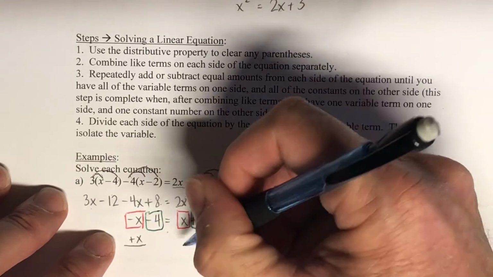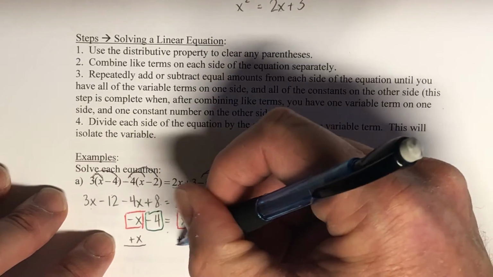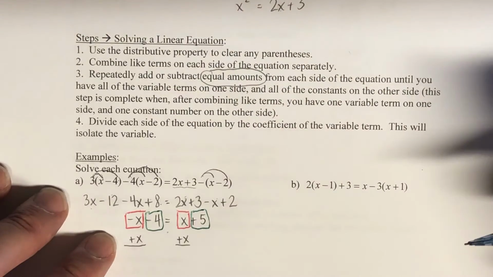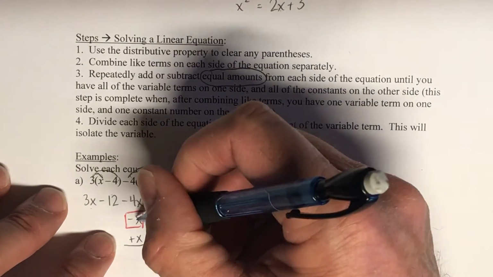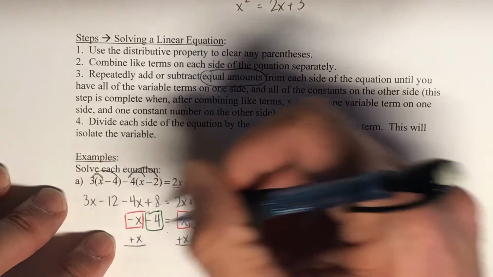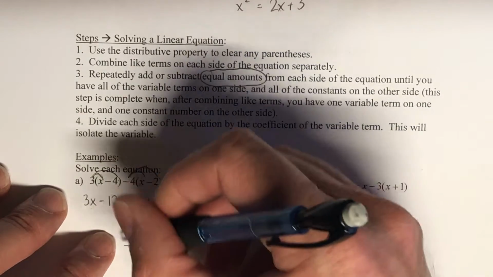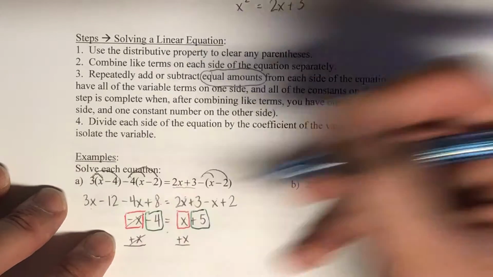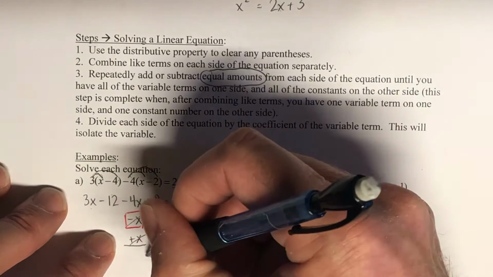If you add x to one side, though, you have to add it to the other side. Equal amounts. And so when we combine like terms on this side of the equal sign and on this side, those cancel, as sometimes happens with combining like terms.